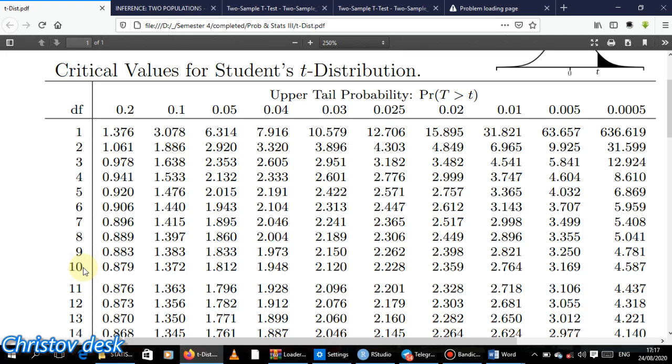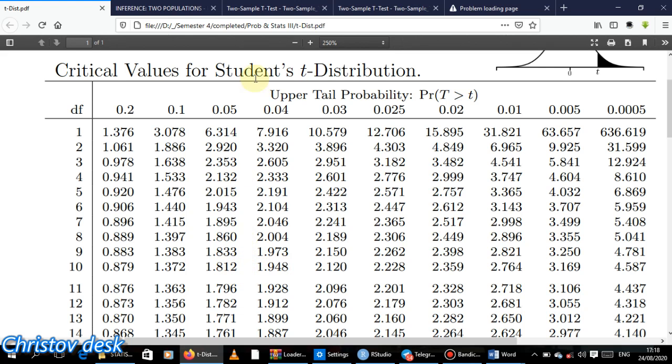So we'll throw the negative away and use the positive 1.8356. When you look at degrees of freedom of 10, we're trying to look for 1.8, so 1.812 up to 1.948. Within this we'll have the 1.8356 in between, right?